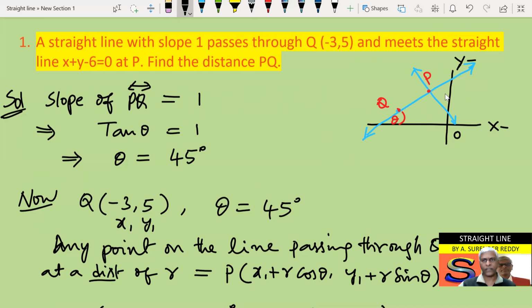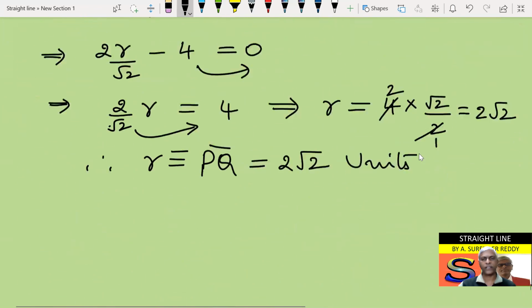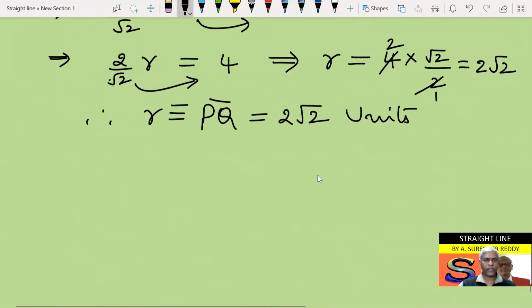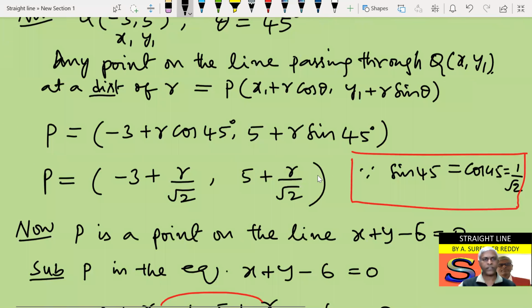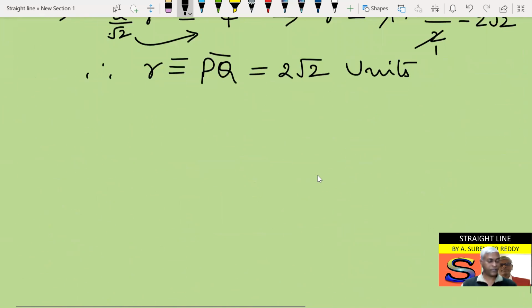Solving both the equations, you will get the point of intersection P. Then you can find the distance between the two points P and Q.